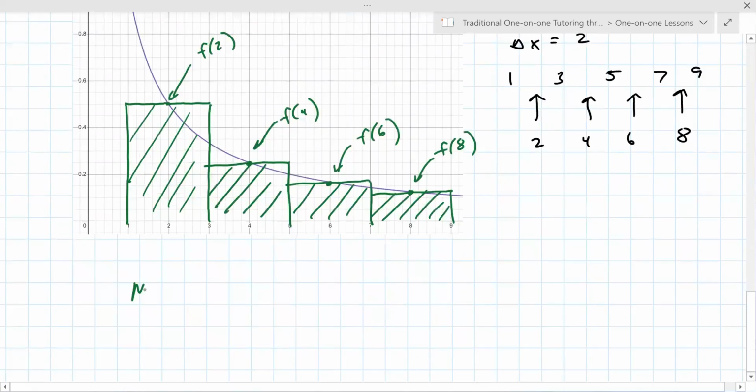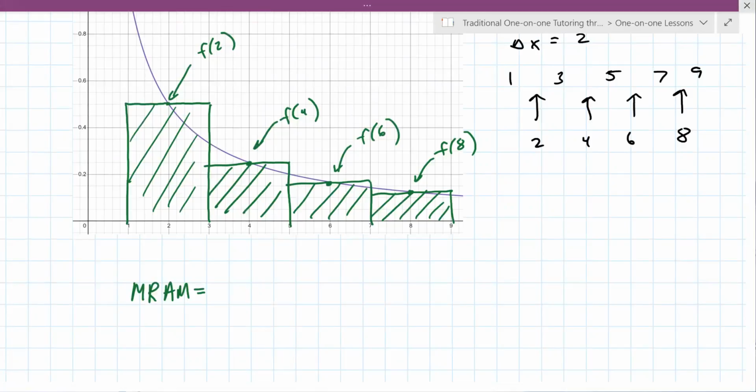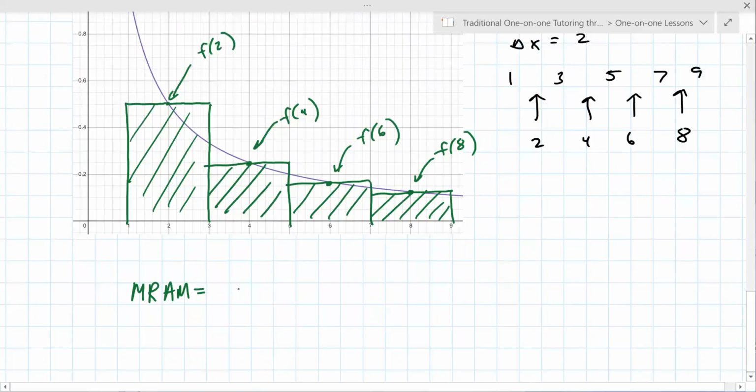So your midpoint sum is delta x, which is 1/2, and then it's f of 2, so that's f of 2 plus f of 4 plus f of 6 plus f of 8, and you get some number for that.